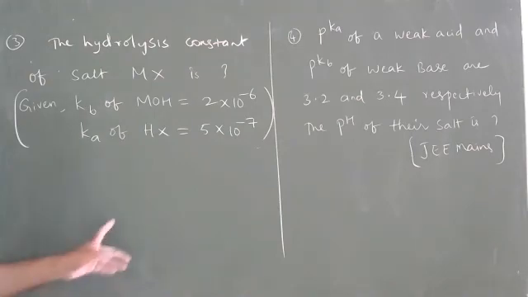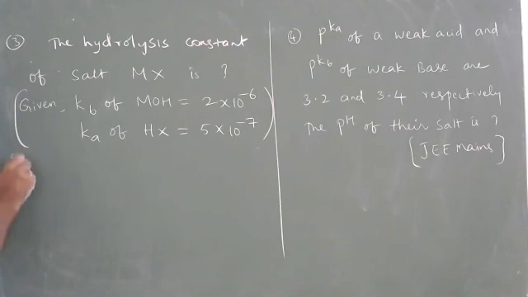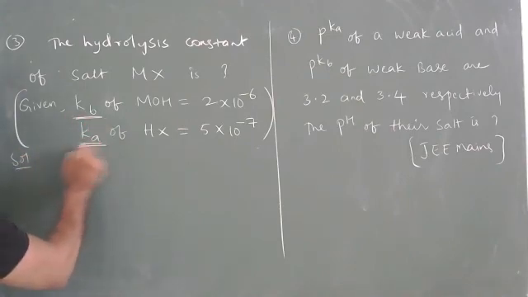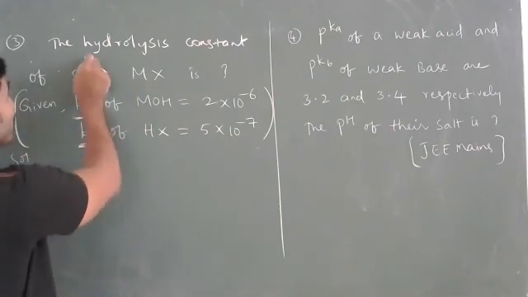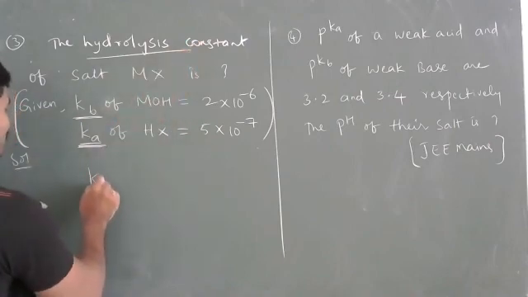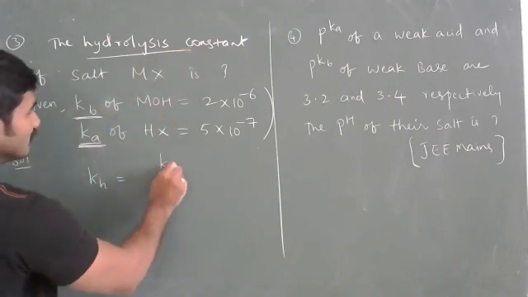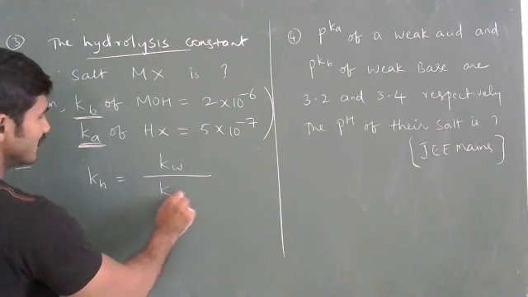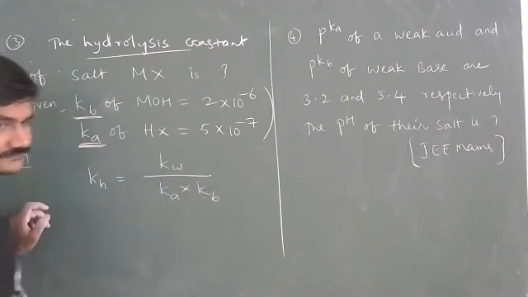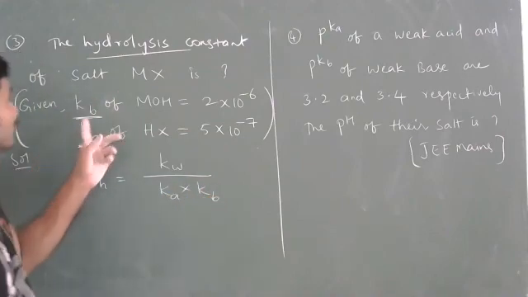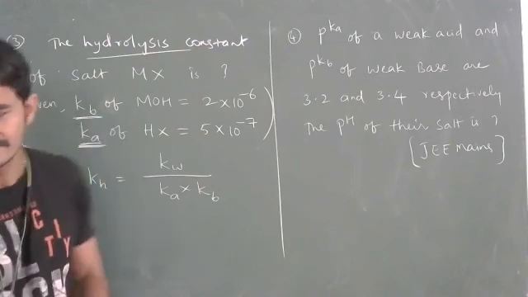So whenever the Ka value and Kb value are given, how do you find the hydrolysis constant? Kh is equal to Kw by Ka into Kb. Because both Ka and Kb are given.